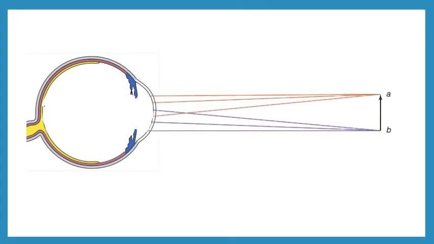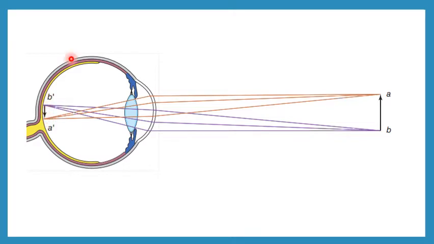So if an image is present, that particular object will give off light rays to our eyes, which converge with the help of a lens to form an inverted image on the retina. So see, this is the upright image, but the image that is formed on the retina is inverted.